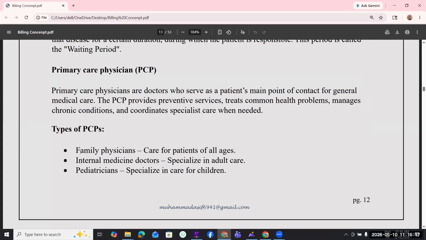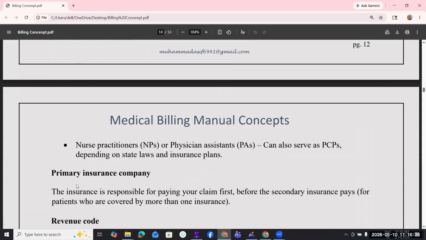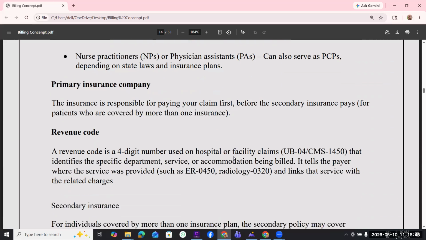As per your requirement, you can select a family physician, internal medicine doctor, or pediatrician. Nurse practitioners, NP, and physician assistants, PA, can also serve as PCPs, depending on the state's law and insurance plan. So it depends upon the insurance details.